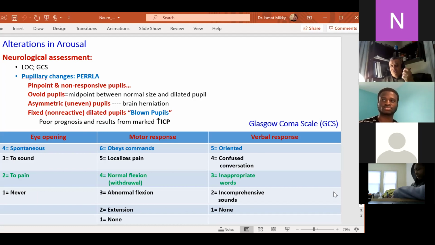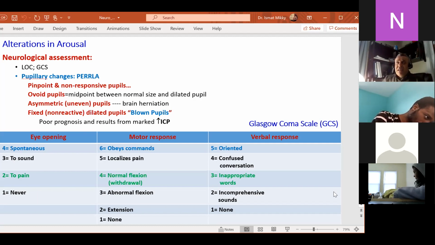Oval-shaped pupils are a midpoint between normal and dilated pupils. Then we have asymmetric, uneven pupils, where one is dilated and the other is constricted.